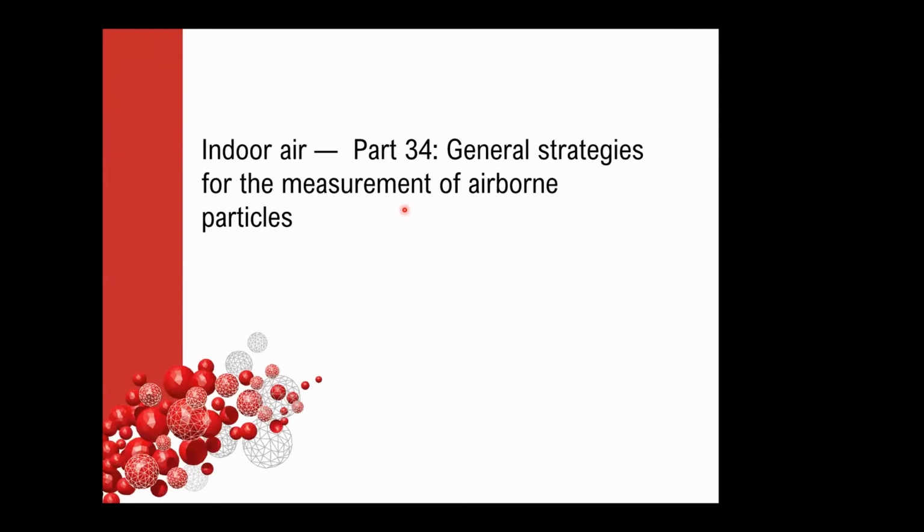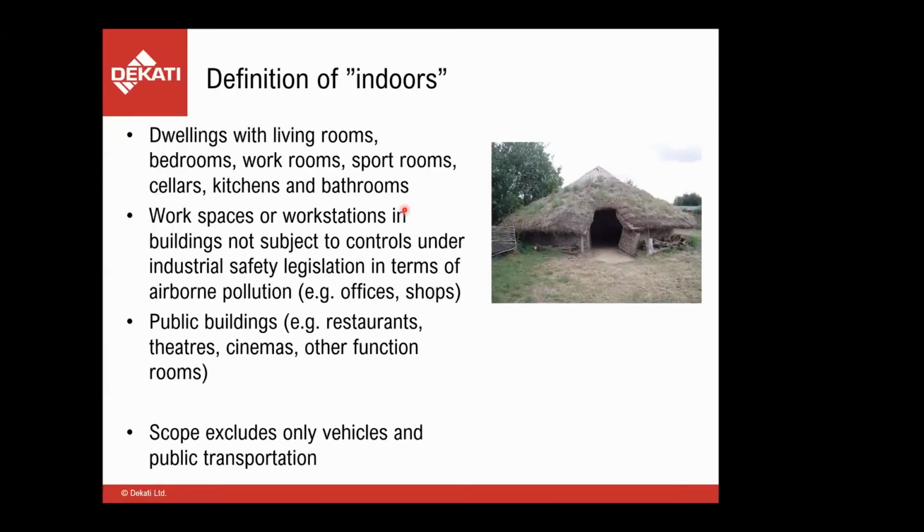So first, we'll take a look at part 34, which is the general strategies for the measurement of airborne particles indoors. It has a long explanation in the standard. So we are talking about dwellings, which means any sort of a space where there are inhabitants.